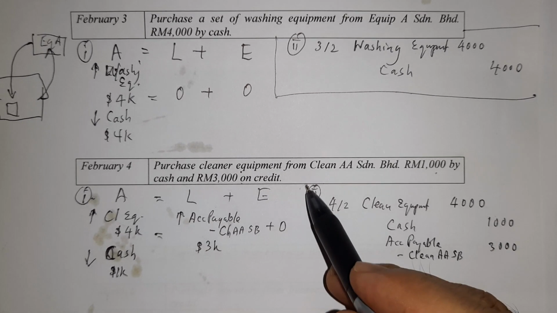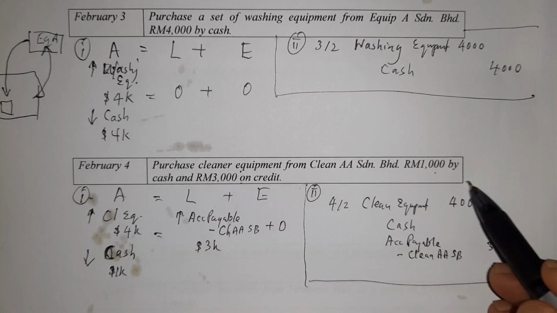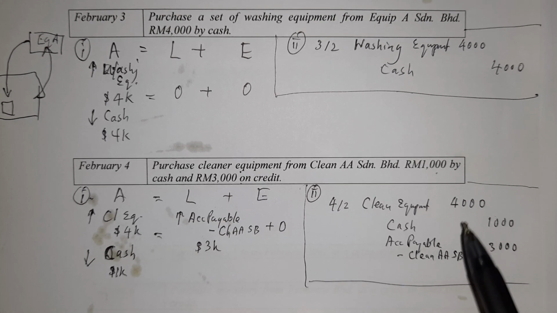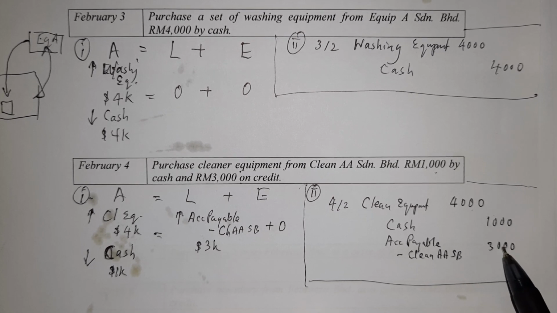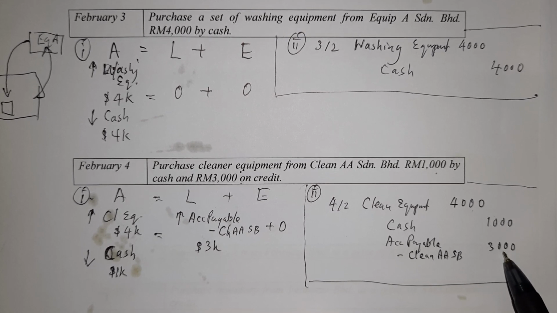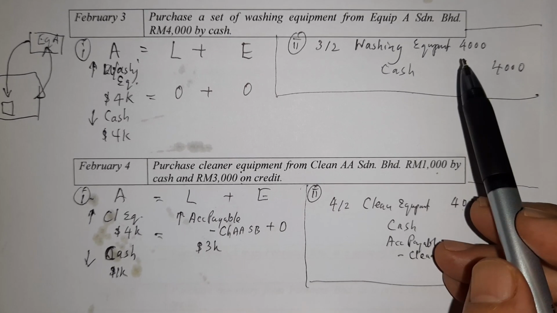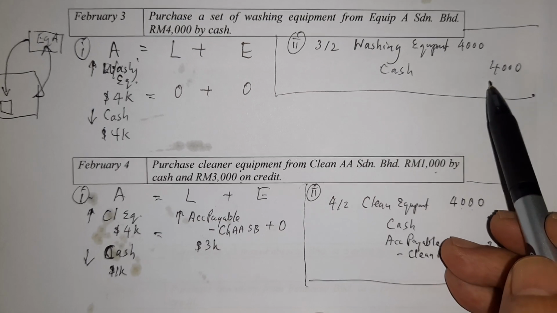Okay, this is the general journal entry. See, the amount in the debit side always equals the amount in the credit side. This one debit 4,000, credit 4,000. This one debit 4,000, credit 4,000.